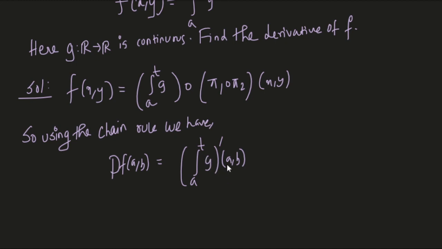Basically this is not quite it, because what you want to do is this: the derivative of pi 1 times pi 2 at the point (a, b), multiplied by the derivative of pi 1 dot product pi 2 at the point (a, b).